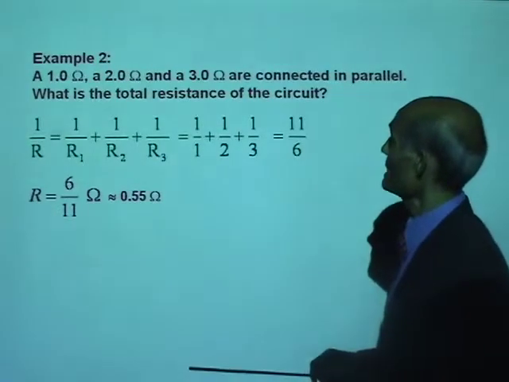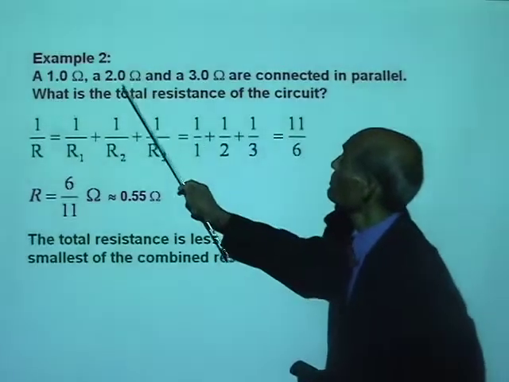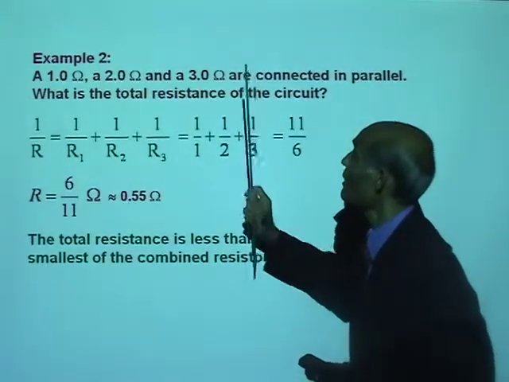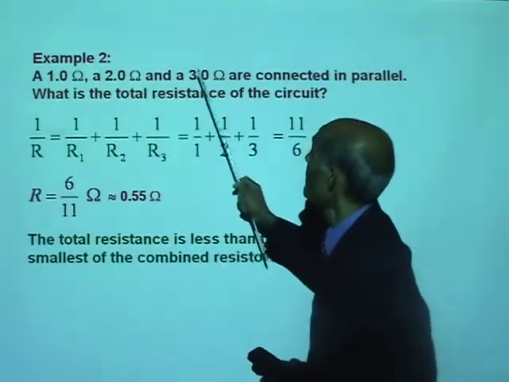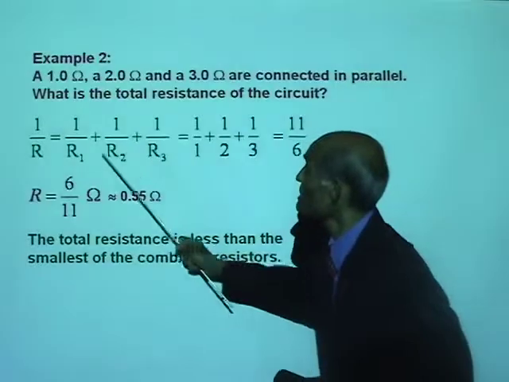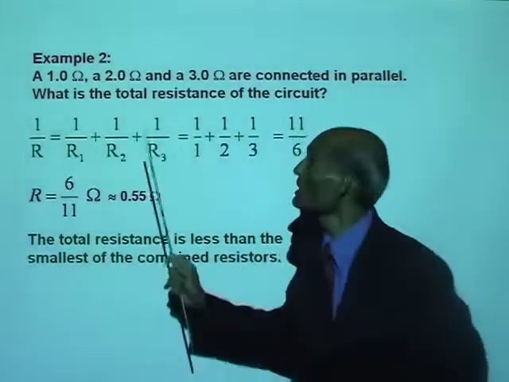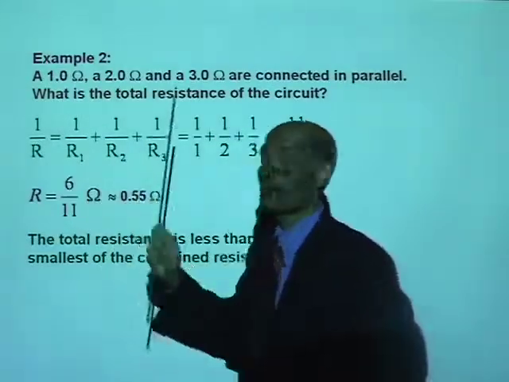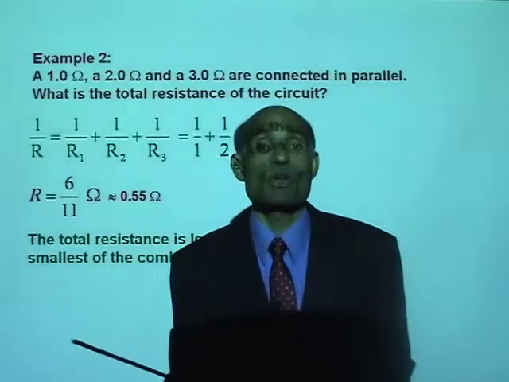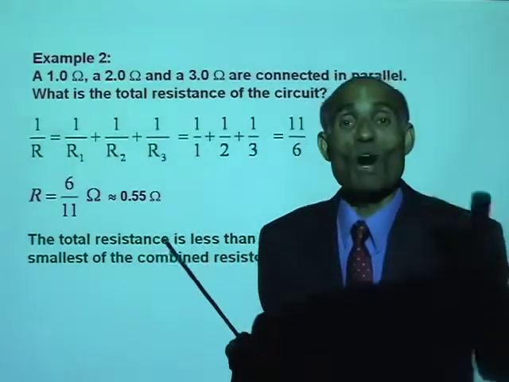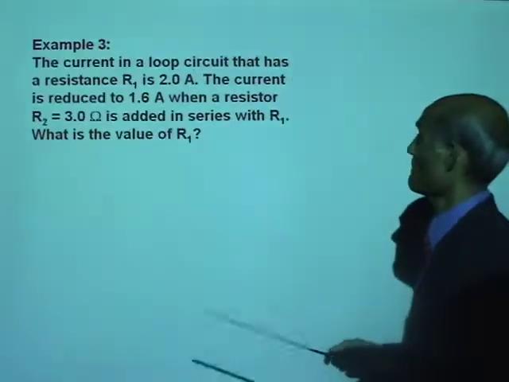You can see that the 1 ohm, 2 ohm and 3 ohm are connected in parallel. The total resistance is less than the smallest of the three. You see? So when do we connect resistors in parallel? When you want a smaller value than the ones that you already have.